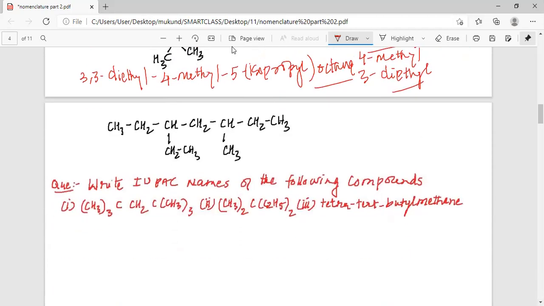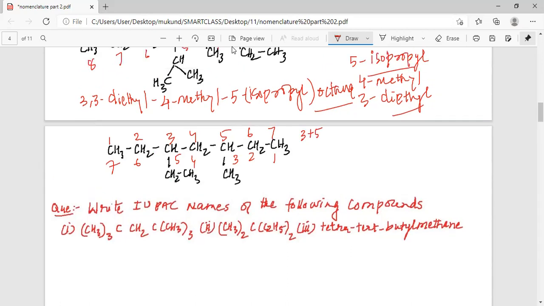Now let's look at another compound, my dear students. Let us first write the numbering 1, 2, 3, 4, 5, 6, 7. Same way here 1, 2, 3, 4, 5, 6, 7. Now when we look into the lowest sum rule, here 3 plus 5, that is what we have here, my dear students.